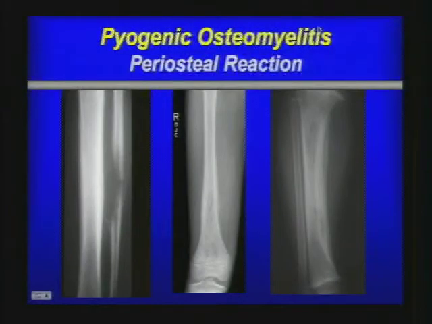This is showing you different types of periosteal bone formation, periosteal reaction. On the far left side, you have a patient that has a very aggressive type of infection with Staphylococcus aureus, and you can nicely appreciate these destructions and this Codman angle-like formation, and you may think of a tumor when you see these images, but this is actually just very aggressive infection.